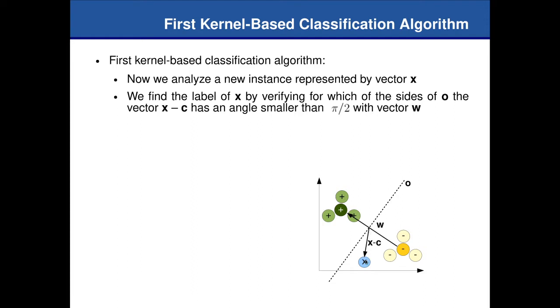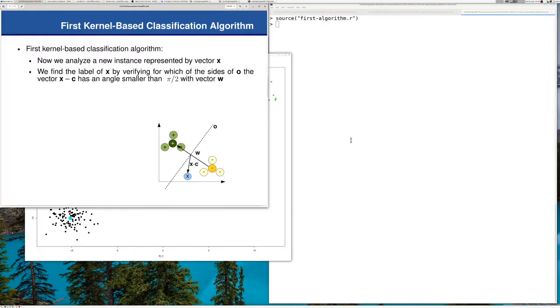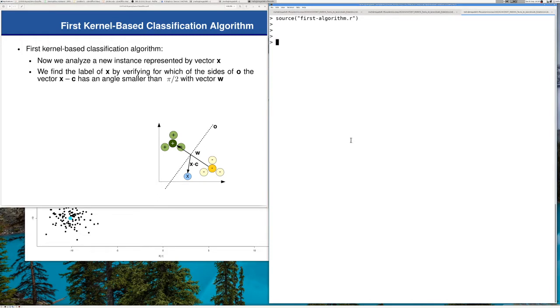When I compute the inner product between w and x minus c, is this going to be a positive or a negative result? Of course, I suppose you remember something quite basic.